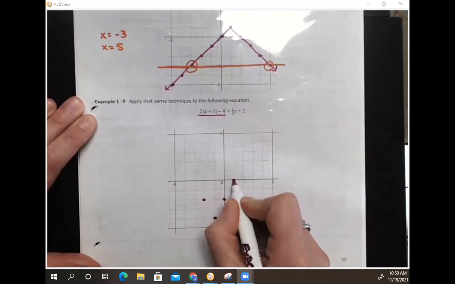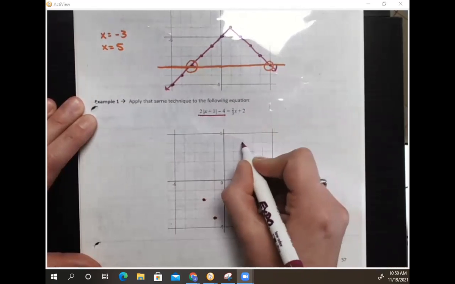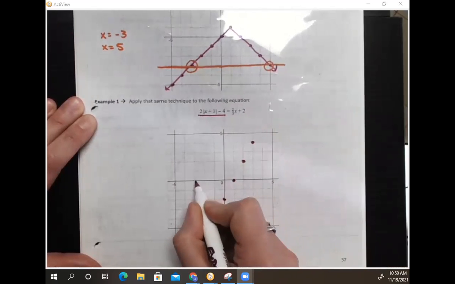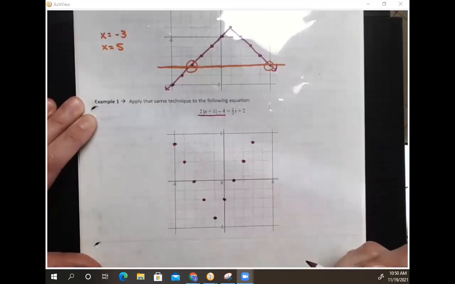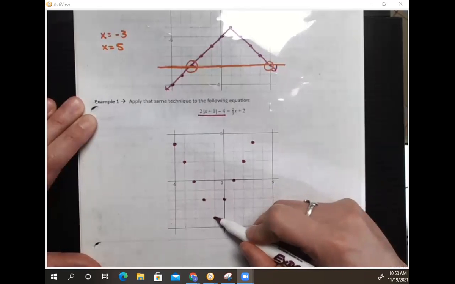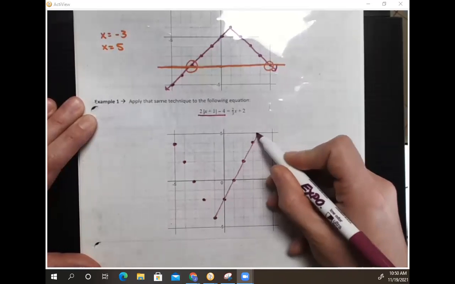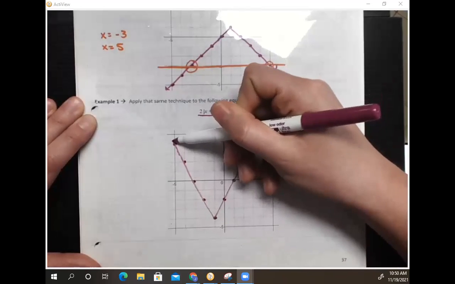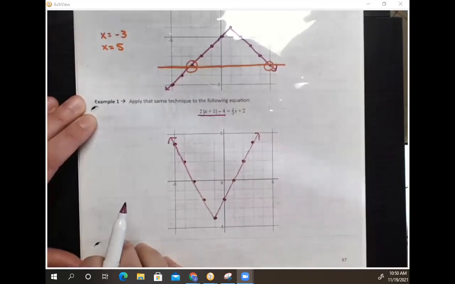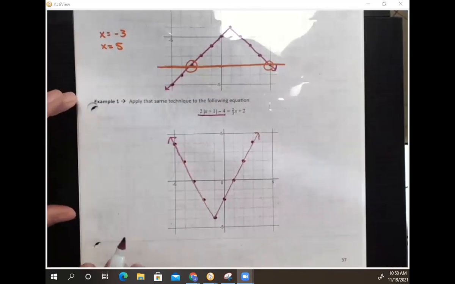I'm going to continue that across my coordinate plane. And then connect my points. So there's the absolute value portion.